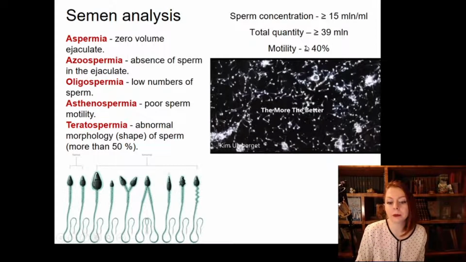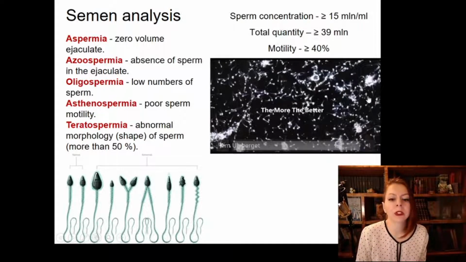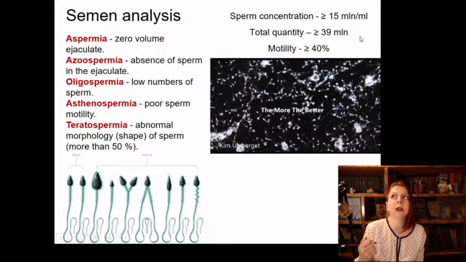Also, the sperm concentration, their total quantity, is assessed. And the motility. So as for the quantity, the more the better, as it is written, but we have to comprehend that to fertilize an egg, there should be millions of spermatozoa, hundreds of millions in the seminal fluid, and 15 millions per milliliter. So at least 15 to 20 millions, and only several hundreds would reach the oocyte.